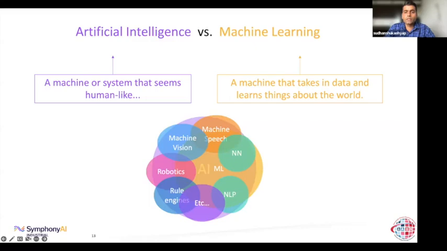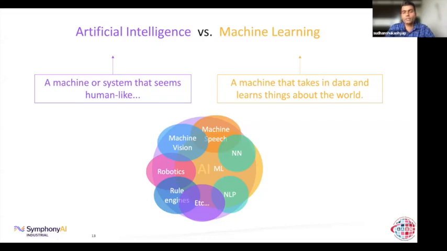But there are many other ways of achieving artificial intelligence. If you look at the very early AI systems, rule engines came into place, and they are also artificial intelligence. You see machine vision, machine speech, robotics. So it's an overlap of multiple technologies together which defines artificial intelligence.